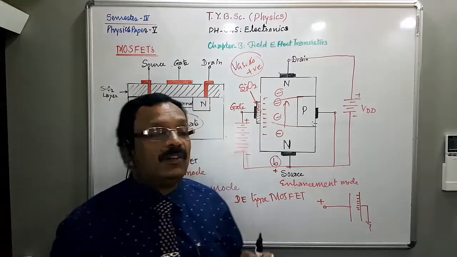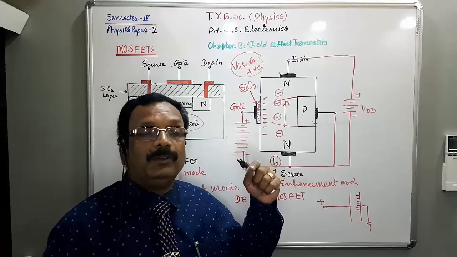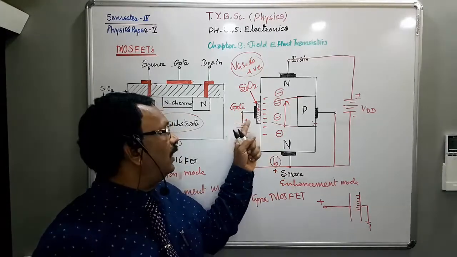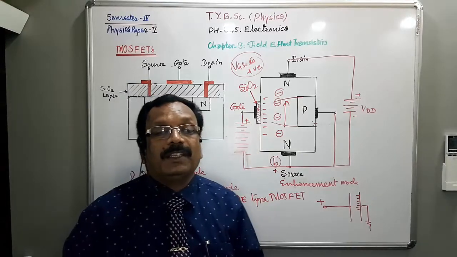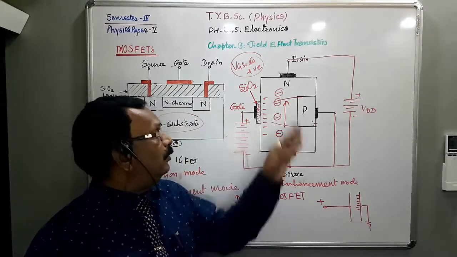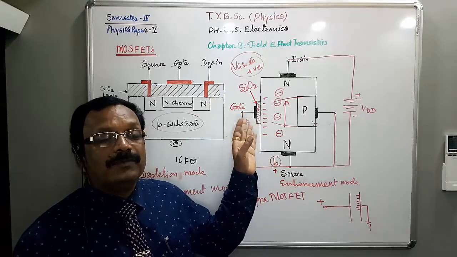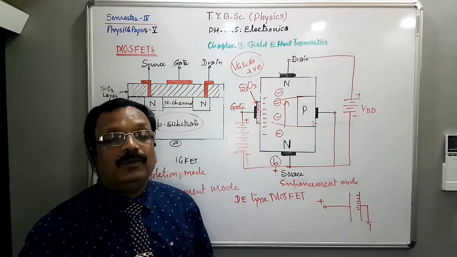I am going to repeat once again: the positive gate voltage induces negative charges in the N-type channel through the insulating layer of SiO2.